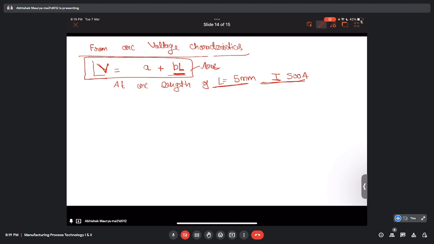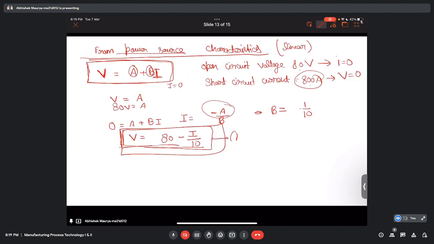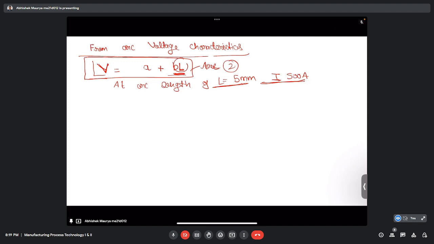So from this equation, which we can call equation 2, and equation 1, we can equate the voltage, and from there we can get the relationship between the current I and the length L. If we substitute the voltage from equation 1 into equation 2, we get A plus BL equals 80 minus I by 10.